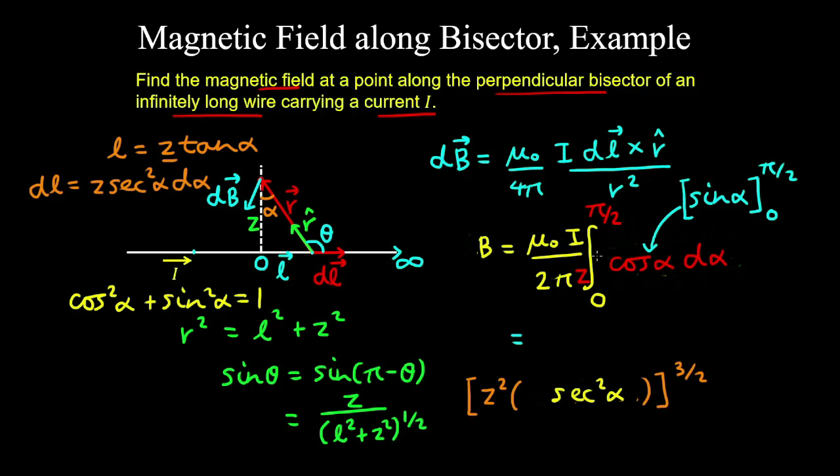So therefore this integral evaluates to 1, and the magnitude of the magnetic field is the magnetic permeability by the current on 2 pi by Z. And the magnetic field vector points out of the plane based on the direction of the current.